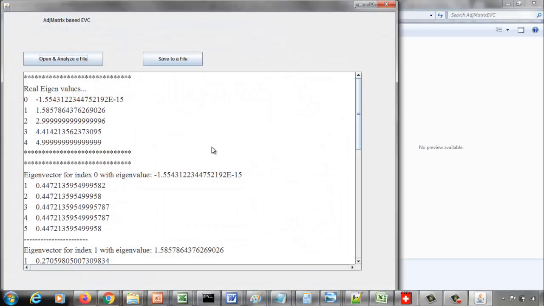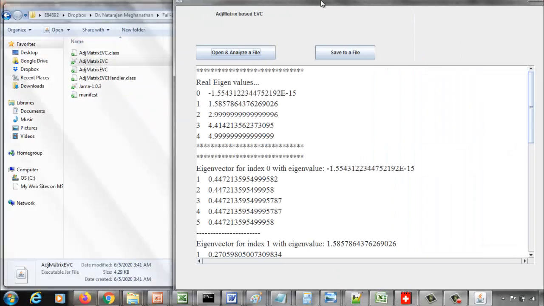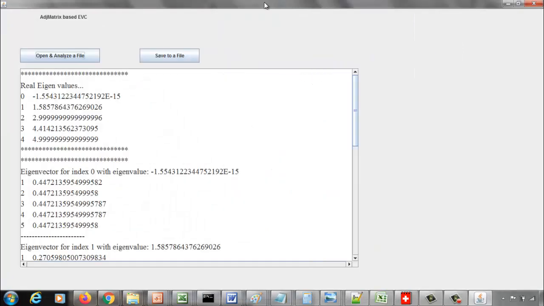That will compute again the eigenvalues and the eigenvectors based on the Laplacian matrix.